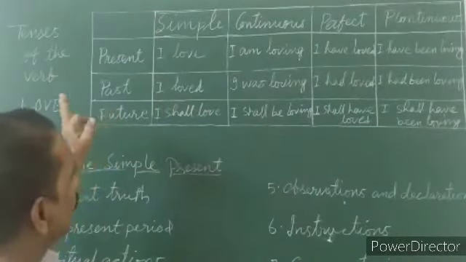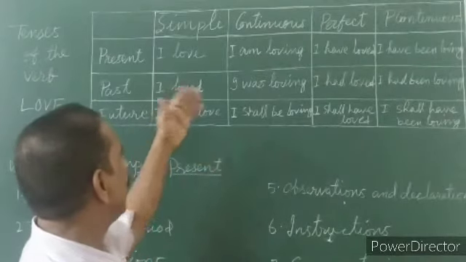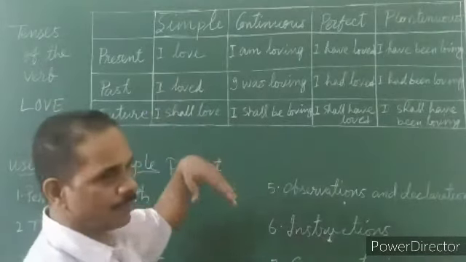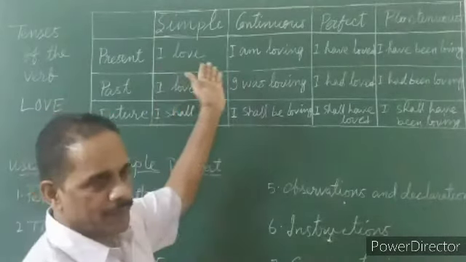For example, if you take the verb love, I love, that is okay because this is not third person singular. Third person singular are he, she, it. So when he, she or it comes, you will have to add s or es to the verb.